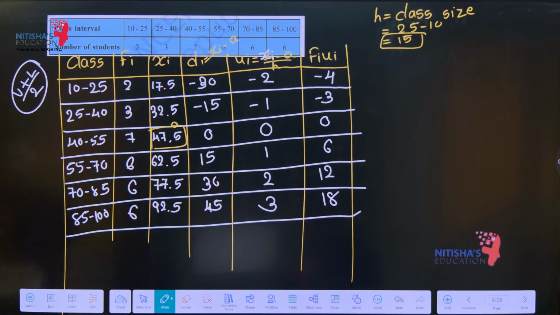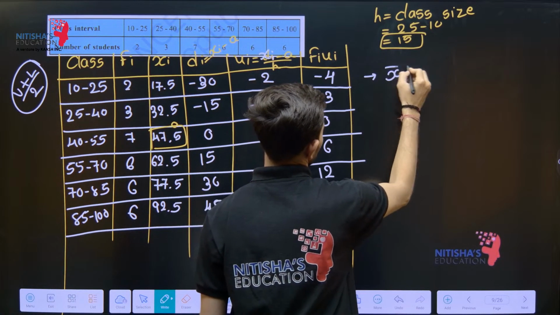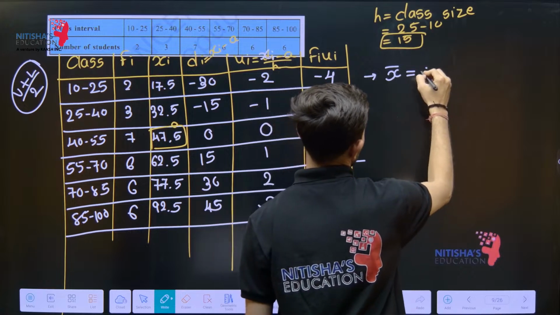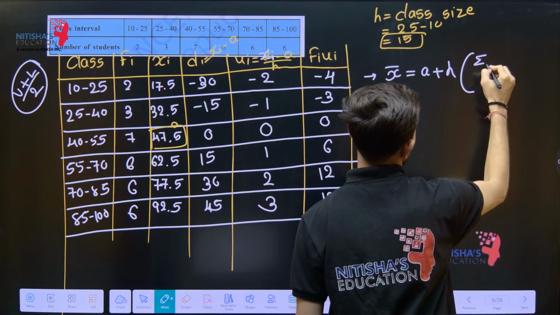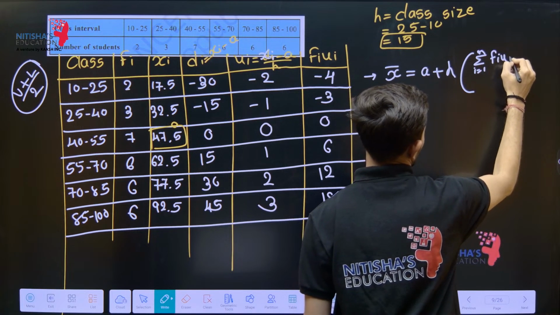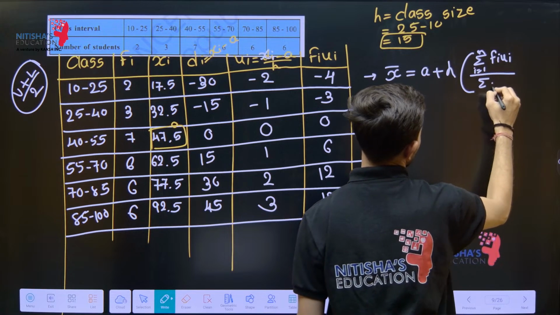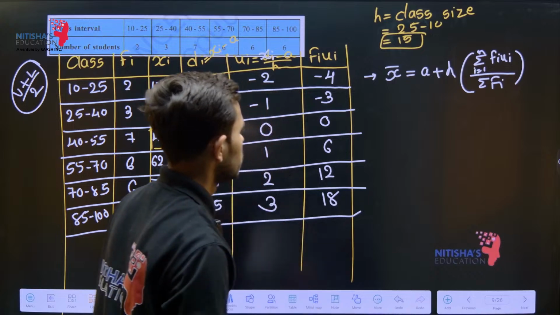Next, we have to find the addition of fi ui. Why? Because mean is given by a plus h in bracket addition of fi ui divided by addition of fi, right?